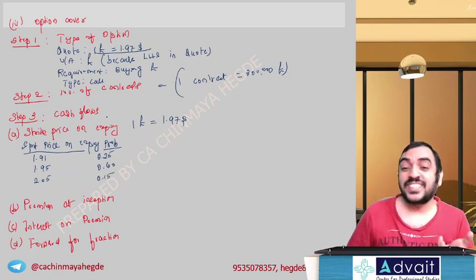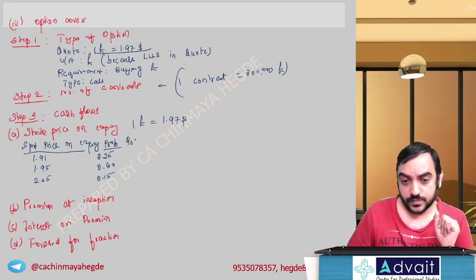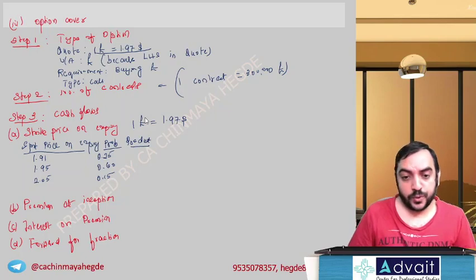Now, how do we do the expected value? Multiply the product. So 1.91 into 0.25 is 0.4775. 1.95 into 0.6 is 1.17. 2.05 into 0.15 is 0.3075.